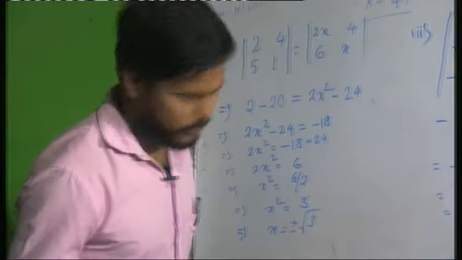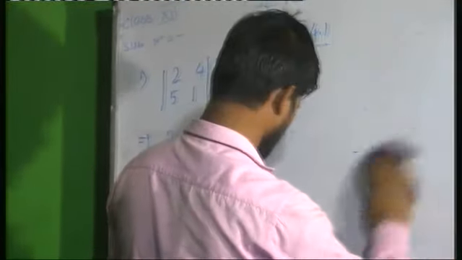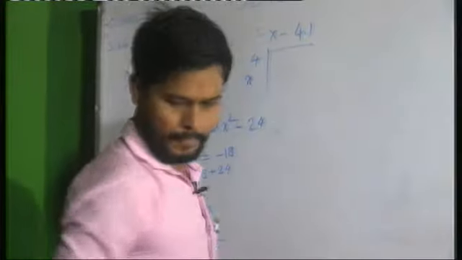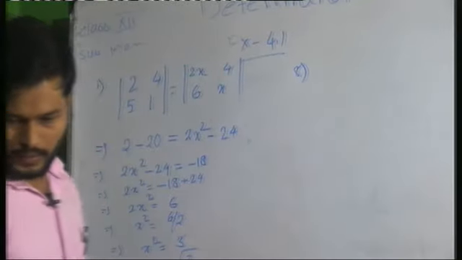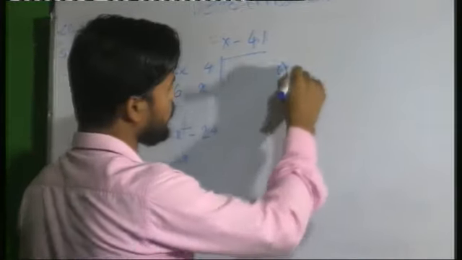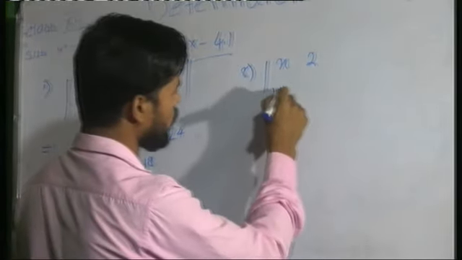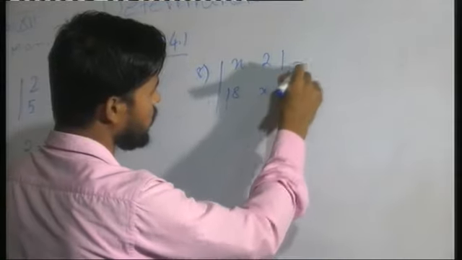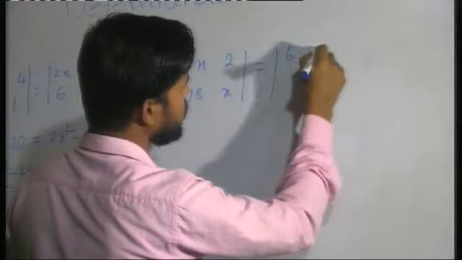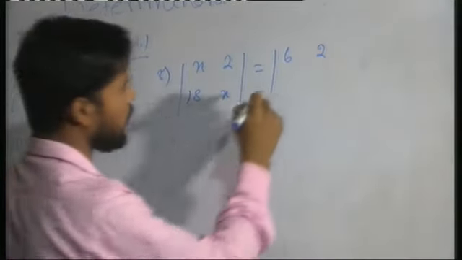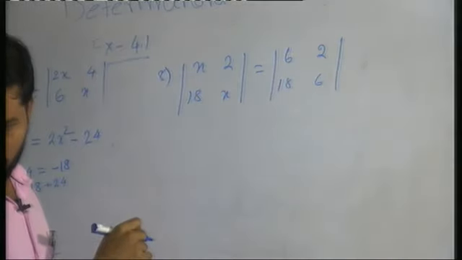Okay, I'm doing the last one, question number 8 of this exercise. Question number 8 is, we have to find the value of x if the determinant x, 2; 18, x is equal to the determinant 6, 2; 18, 6.